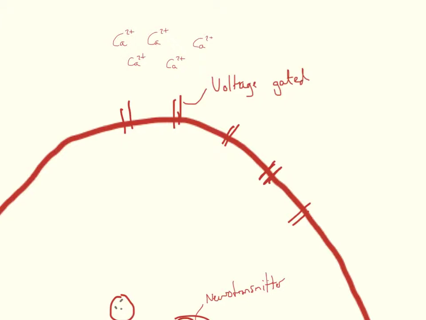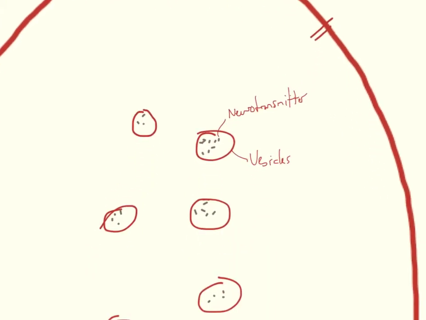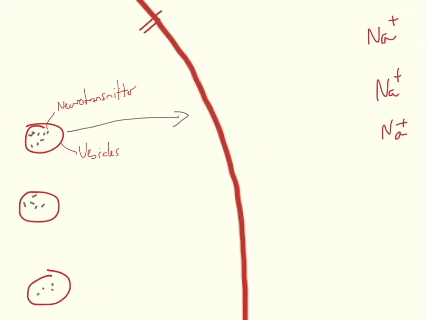When those channels open, it will cause calcium ions to flood into the neuron. This causes the vesicles to fuse with the membrane, which will of course release the neurotransmitter into the synaptic cleft.